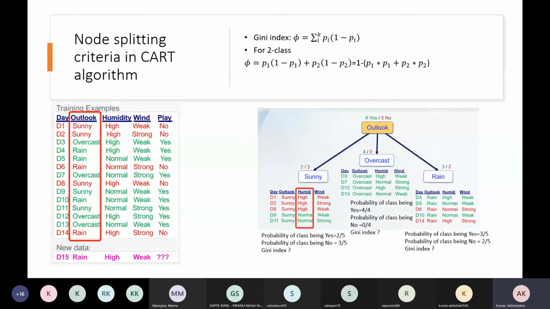Very good. So now we have three choices to split the data. Either we take outlook, humidity, or wind. So which feature are we going to select, we don't know. What I am saying is, we'll select the feature which gives me maximum information gain.